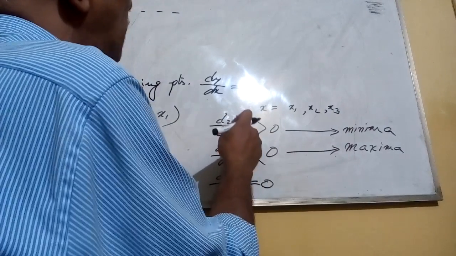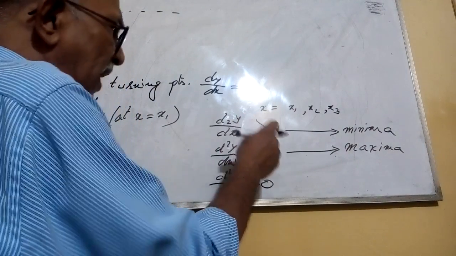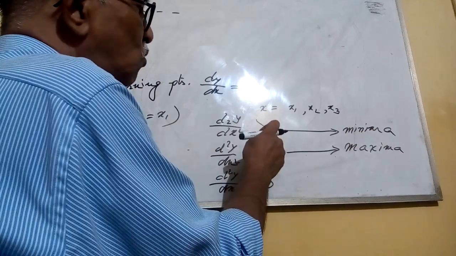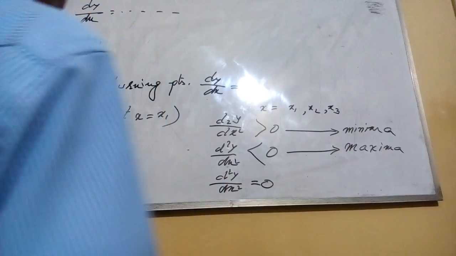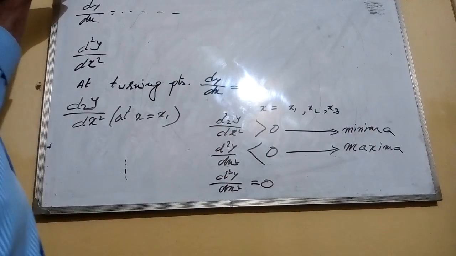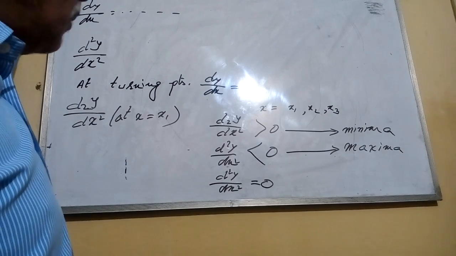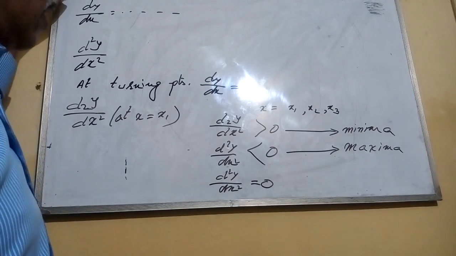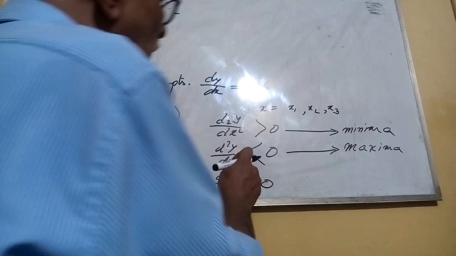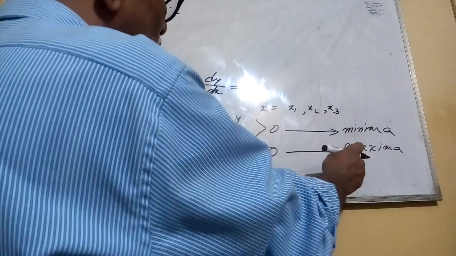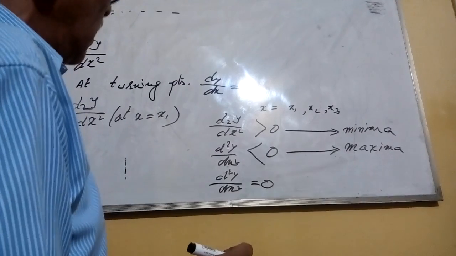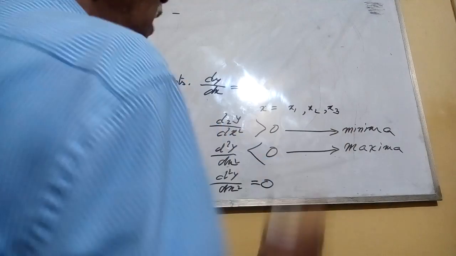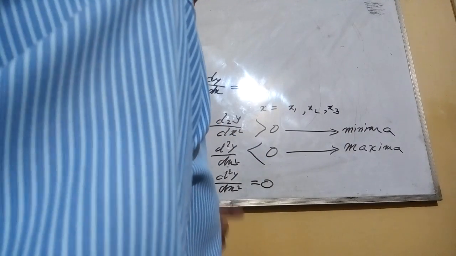This value of x, for which d2y/dx² is greater than 0, if we put that value of x in y, you will get the minimum value of y. And if d2y/dx² is less than 0, for that value of x, if we put it in y, you will get the maximum value of y.